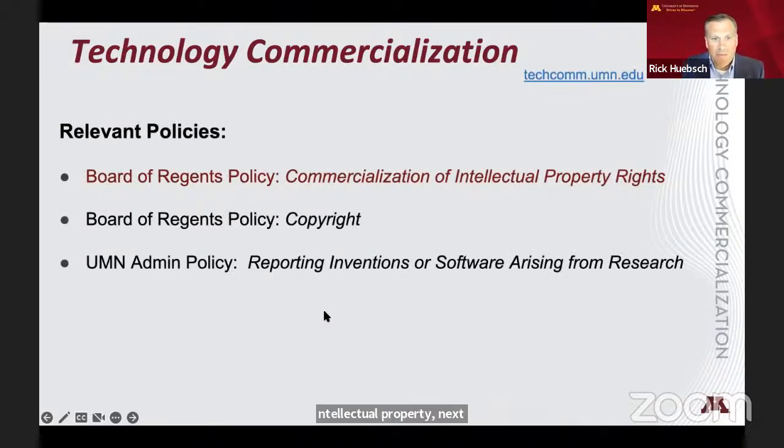So the 3 main policies that drive our authorizations, the relevant policies are the one we're going to talk about today, the commercialization of intellectual property rights. There's also a Board of Regents policy for copyrights that covers a little bit about what we do, but all of what university researchers do. And then there's an administrative policy, not a board policy, but administrative policy, which we've recently updated on inventions and software arising from research. And up in the right corner, that's our website.